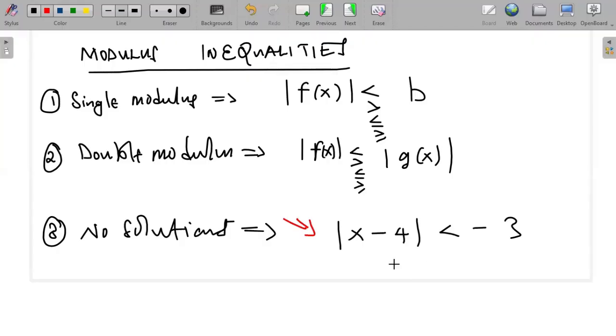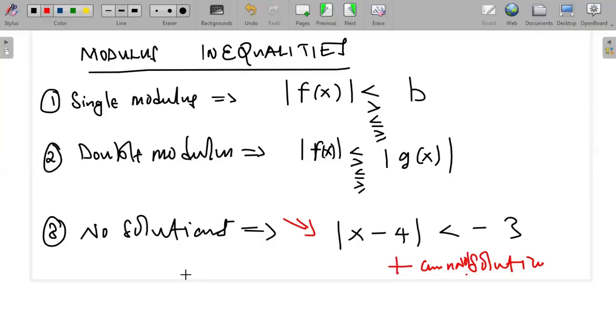It doesn't make any mathematical sense because whatever is in the modulus here is going to be positive, and the positive number can never be less than a negative number. So once you see such, where you have modulus less than a negative number, just say this equation has no solution.